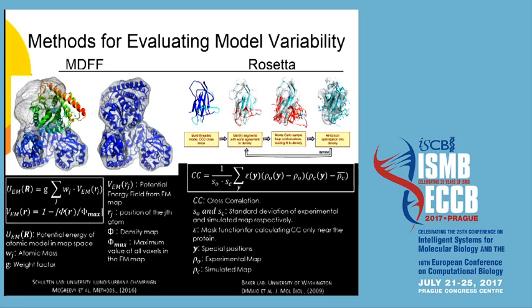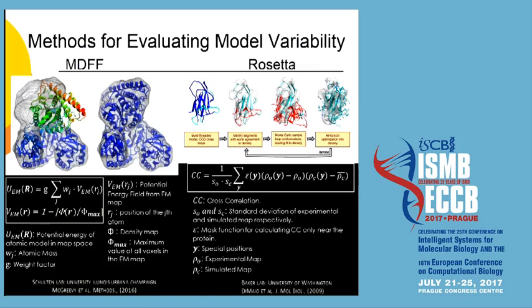This is a cross correlation between the density of the EM map from experiment and the computed density of the protein structure in the model. This rho_o is the experimental map, and rho_c is the simulated map of the structures, and then it is just simply computing the correlation. So the protein should go to the dense region of the map.